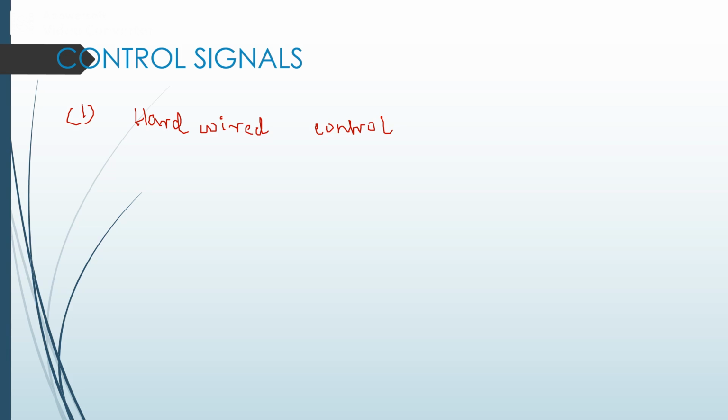The second approach is microprogrammed control. The required control information is determined by the following.